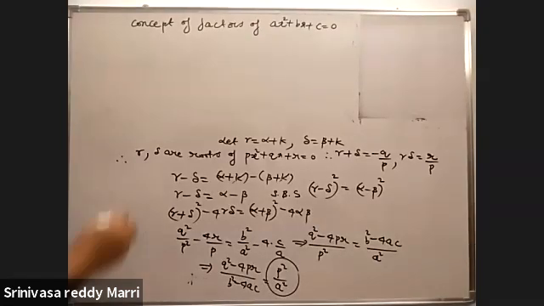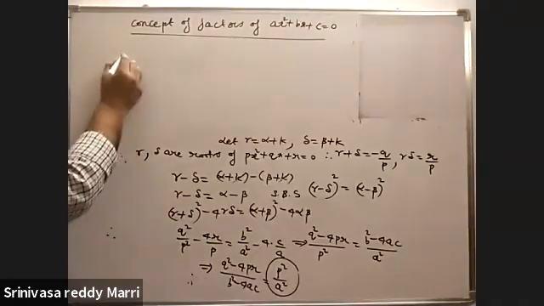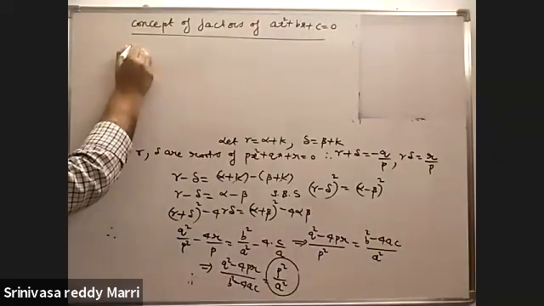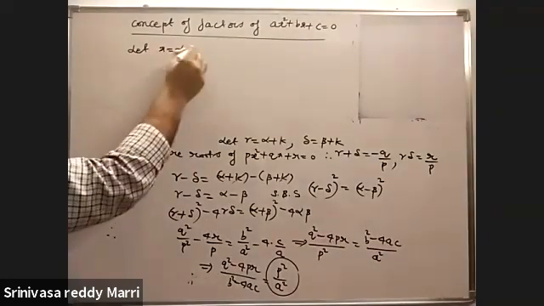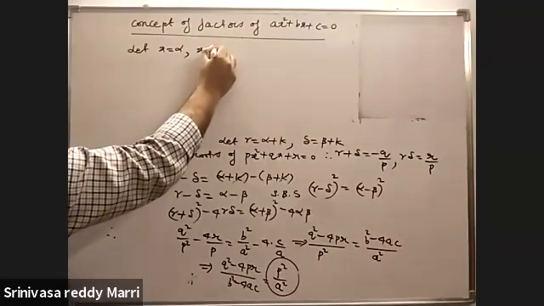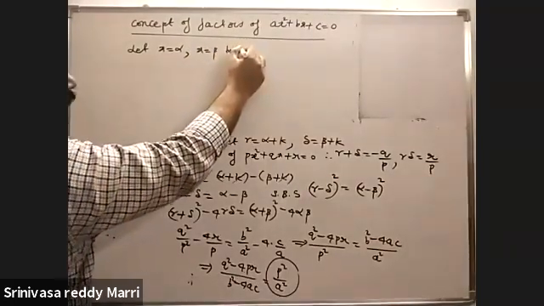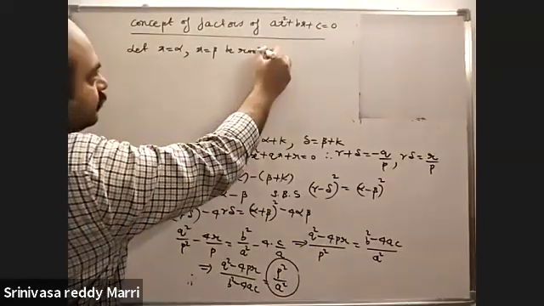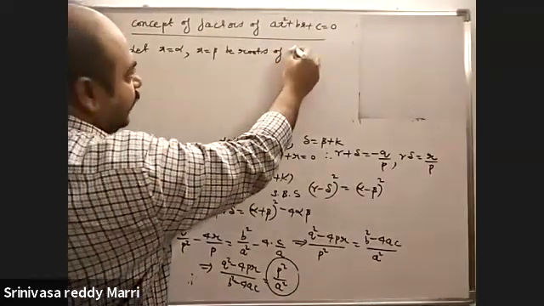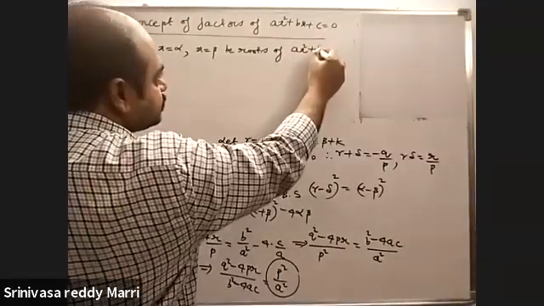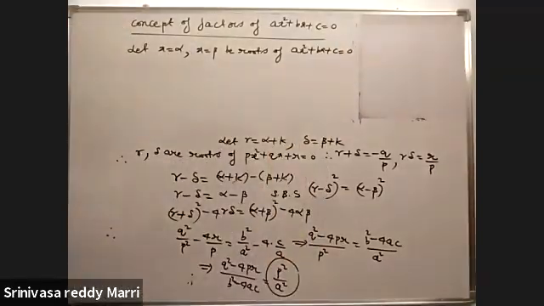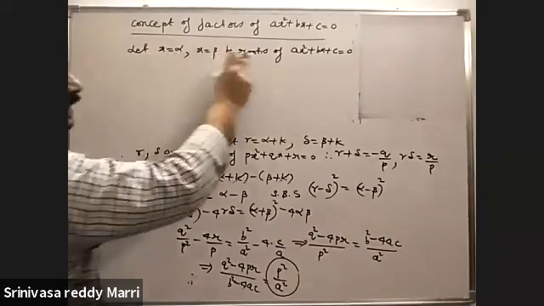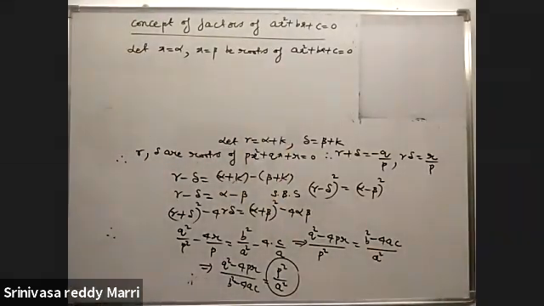Suppose, let x equal to alpha, x equal to beta be roots of ax square plus bx plus c equal to 0. Let us say the roots of this equation are alpha and beta.